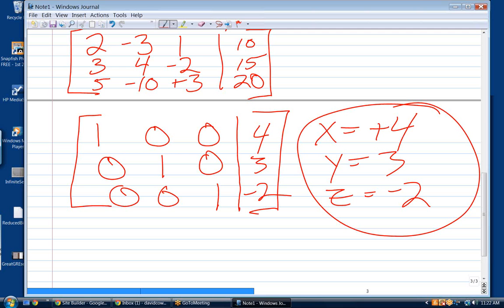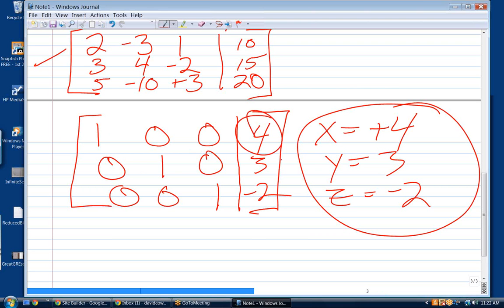This is called a reduced row echelon matrix, where you take a regular matrix based on the coefficients of the variables, and you basically manipulate it with a ton of rules that there's no way we're going to be able to cover in the next 8 minutes, such that you turn it into a matrix where you have 1, 1, 1, everywhere else is zeros.